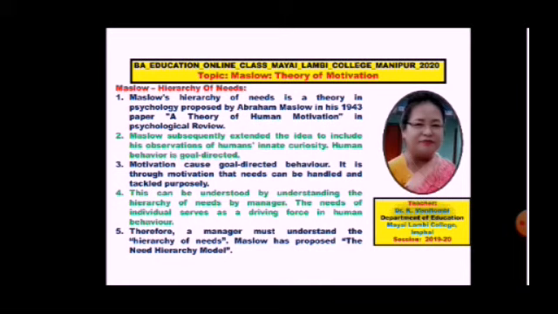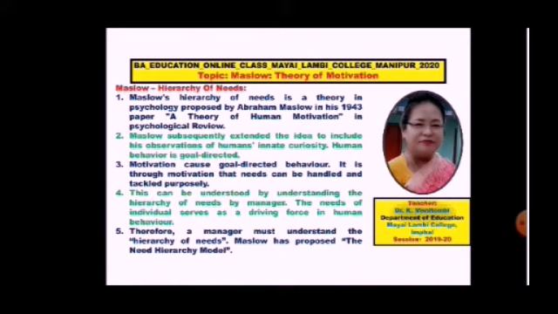This is the most important work on Maslow's motivation theory, and Maslow subsequently extended the idea to include his observation of human innate curiosity.